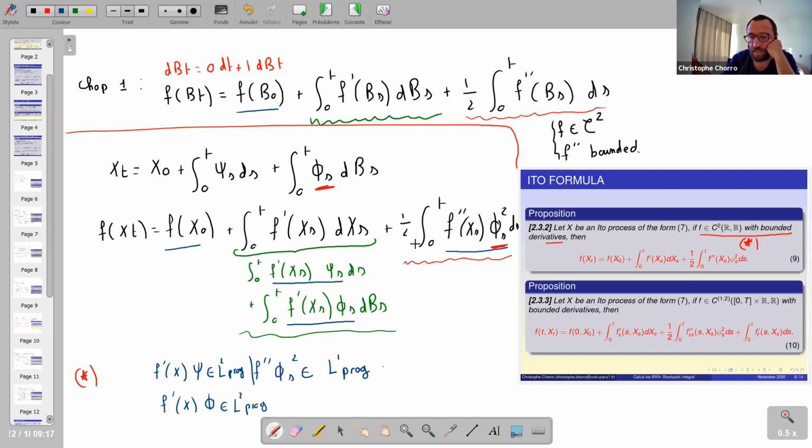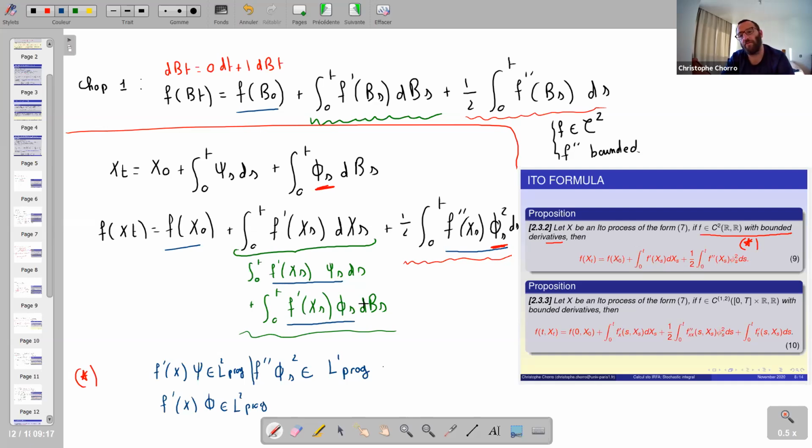So for the Riemann integral, it's not a problem because I have conditions that I know. But for the stochastic integral, if I want to relax the hypothesis on f for the Ito formula written this way, I will need to relax, in fact, the definition of the stochastic integral.